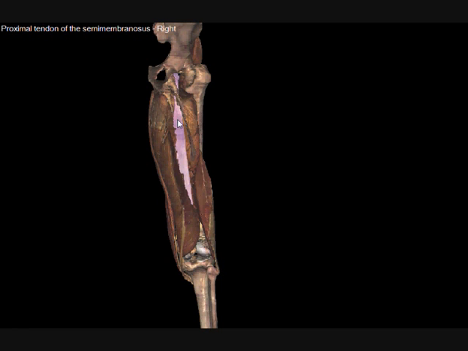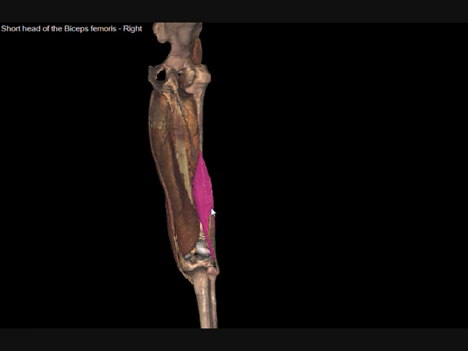So the semimembranosus muscle passes downwards deep to the semitendinosus tendon, which is here. So if we see it, we then can follow the muscle down to its insertion onto the back of the medial condyle of the tibia.